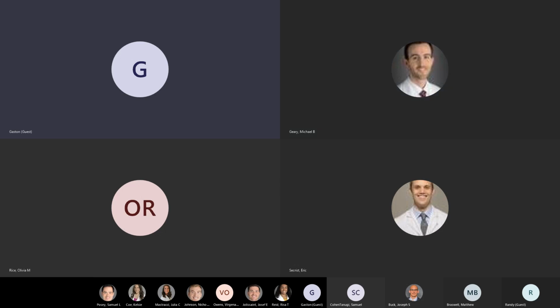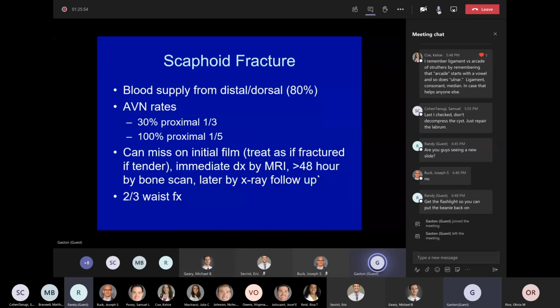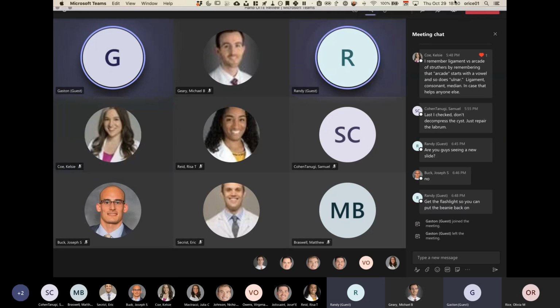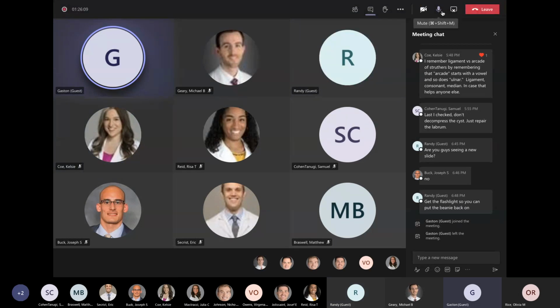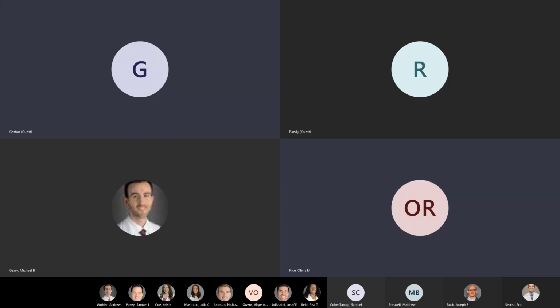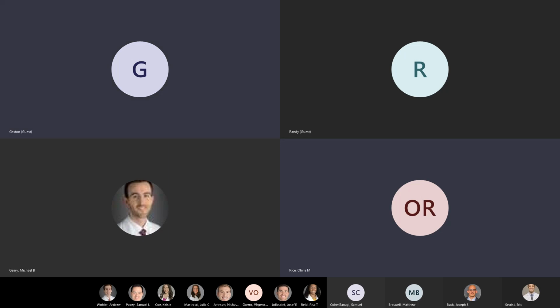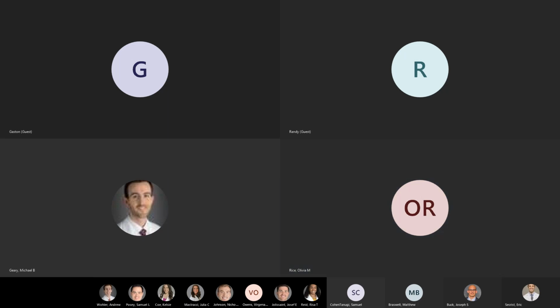Olivia, can you try sharing your screen for a minute and see if it'll kick the system into action? Now we no longer see that scaphoid slide.